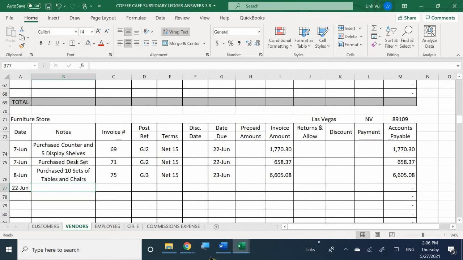Notes, I'm just going to put check number 1522 for paid. For invoice, can we put them both together or just leave it? Okay. 69 and 71. Journal 11.